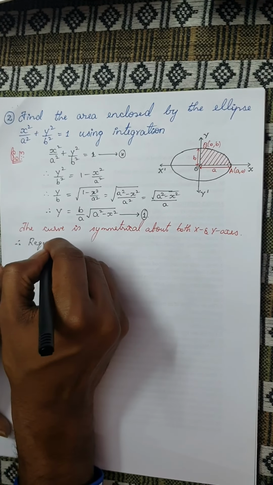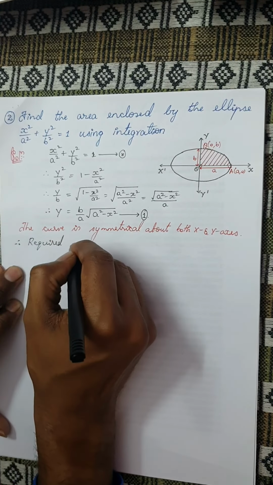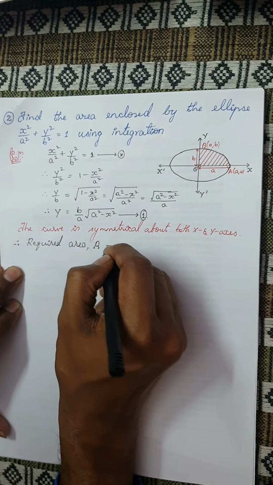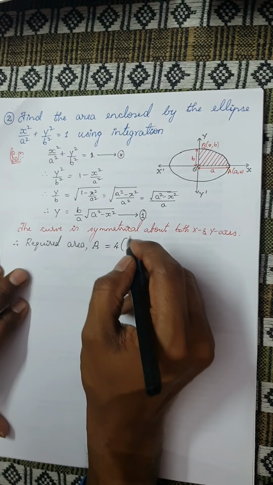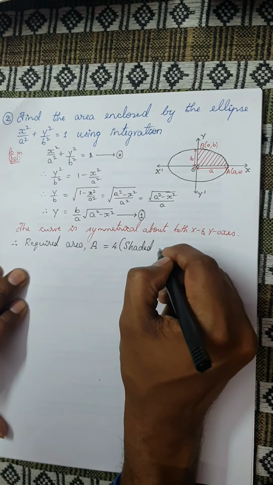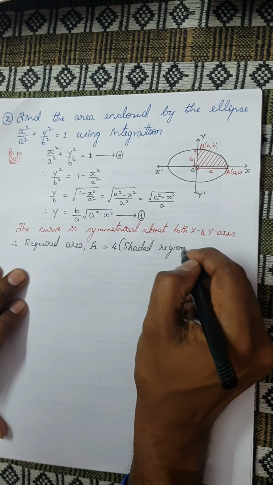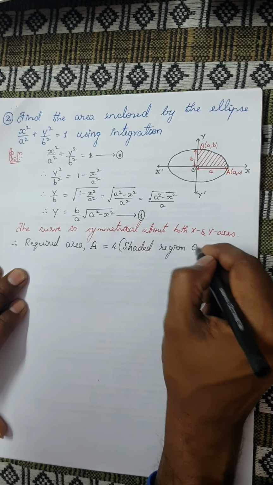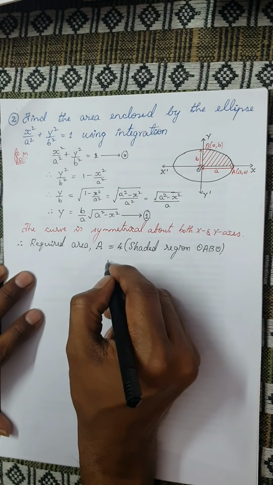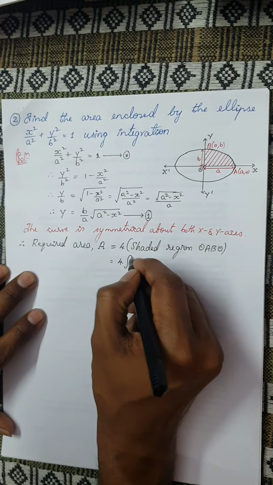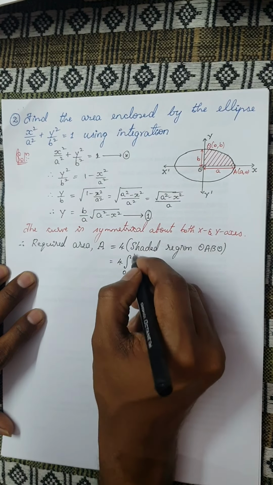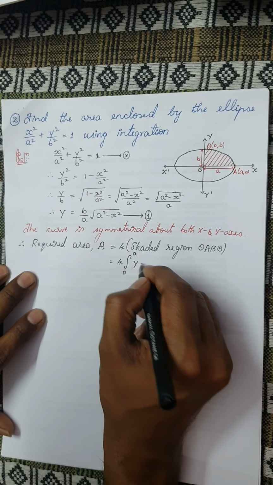my required area, I want the area enclosed, isn't it? So the required area A is nothing but, remember, as I did in the previous case, 4 times the shaded region, remember, OABO. So this is nothing but 4 times the integral from, again here I am integrating along the x-axis, so it is from 0 to a, y dx.